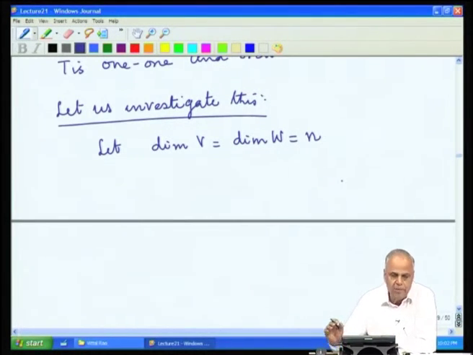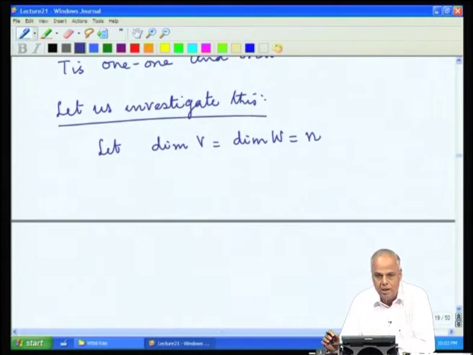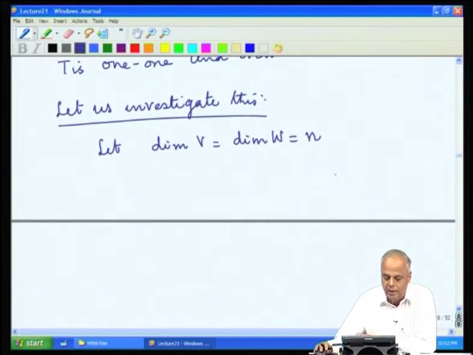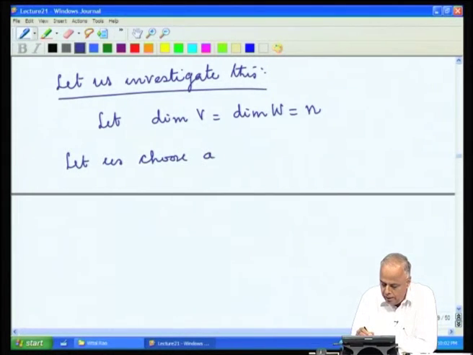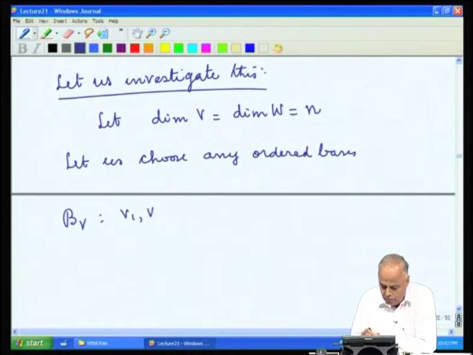Now, since V is a finite dimensional space with dimension n, any ordered basis will have n linearly independent vectors. So, let us choose any ordered basis, let us call it BV, V1, V2, ..., Vn for V.